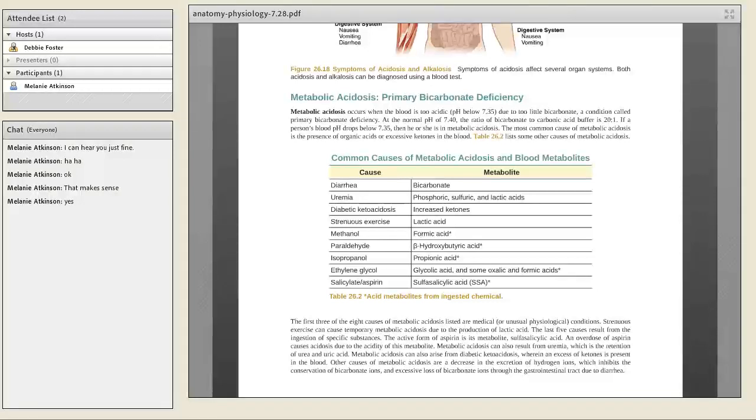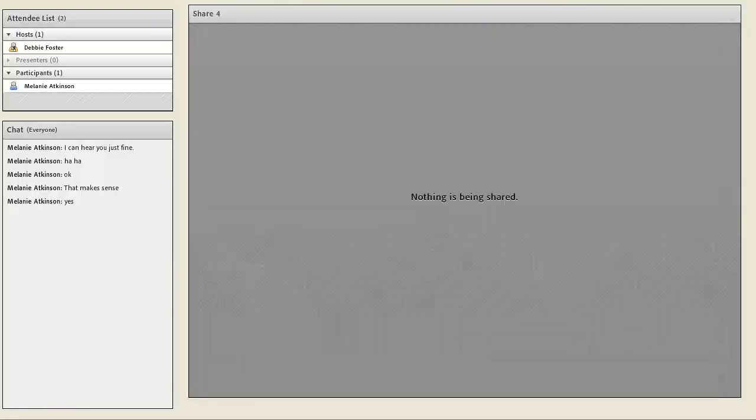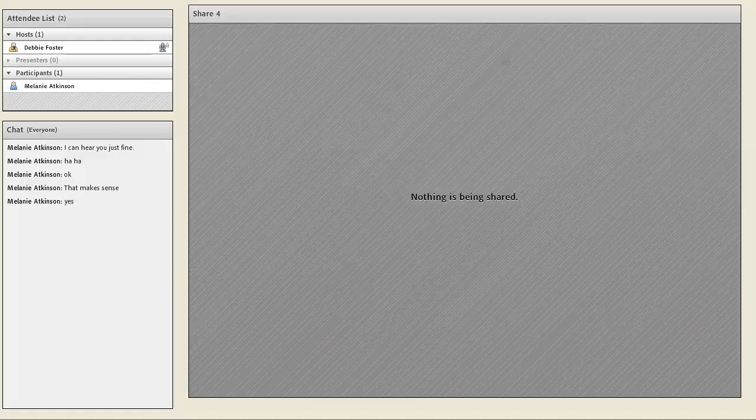And so know that the opposite of that would be respiratory alkalosis if you have metabolic acidosis. There are going to be a couple of examples. Smoking is one usually for metabolic acidosis as well. Trying to think what else.